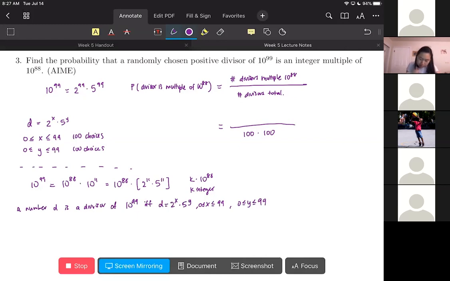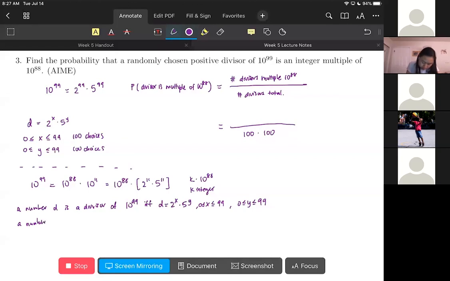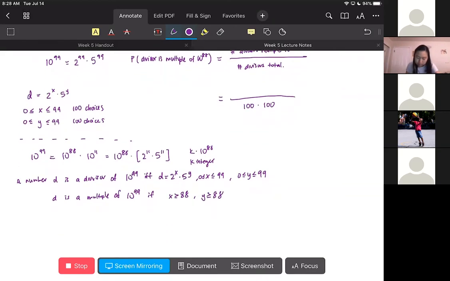But now we also want to see what it means for it to be a multiple of 10 to the 88, and then furthermore, D is a multiple of 10 to the 88. Do these statements make sense to everyone?